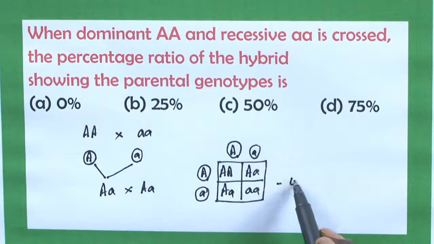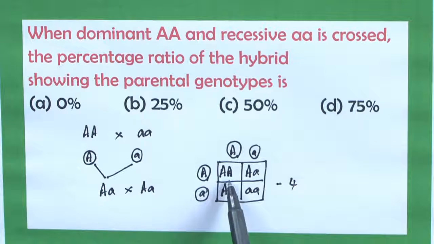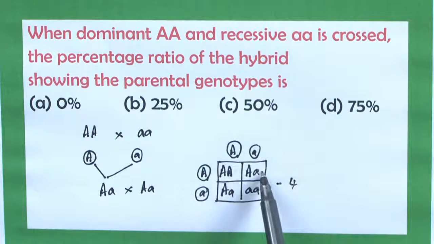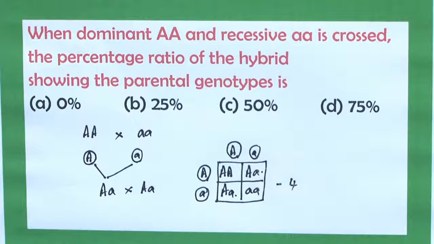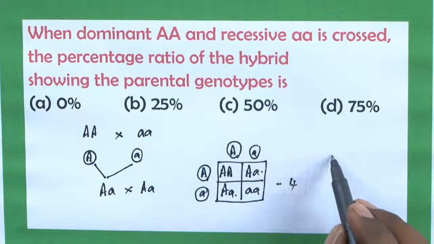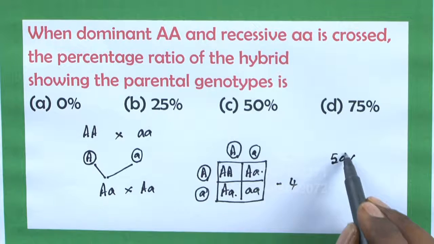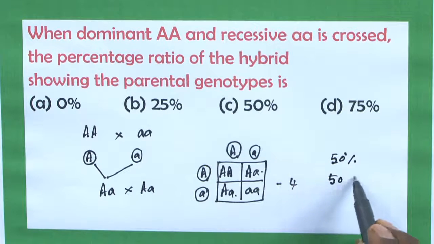So out of 4 individuals, capital A A is a parental genotype, and small a a is also a parental genotype. The two heterozygous individuals are the non-parental genotype. So the non-parental genotypes are 50%, and the parental genotypes are 50%.